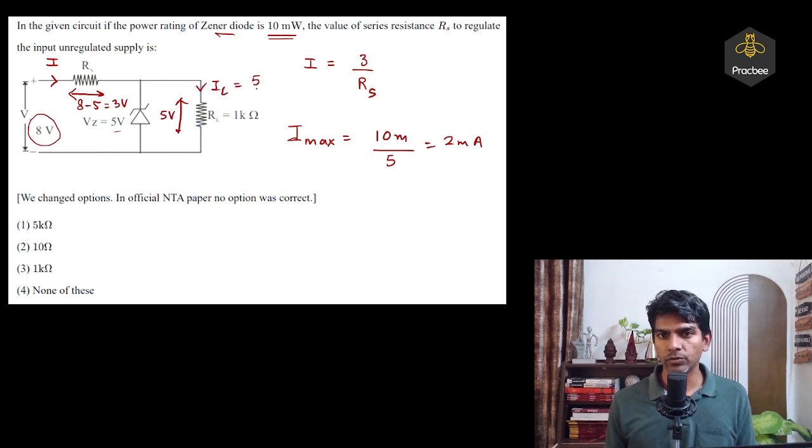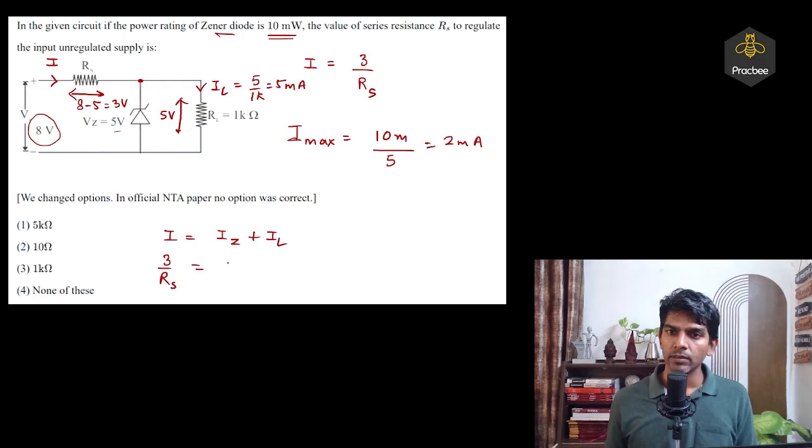It will be 5 over 1 kilo, that will be 5 milliampere, and we have to find the value of Rs. So by applying junction law at this junction, I is equal to Iz plus IL, which is 3 by Rs equals Iz plus IL, which will be 5 milli.